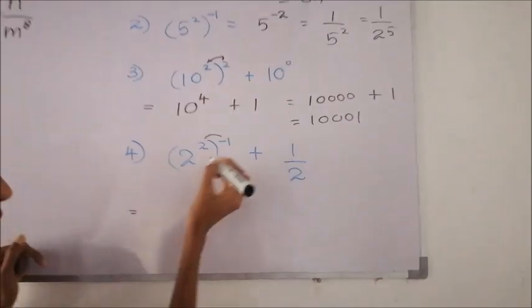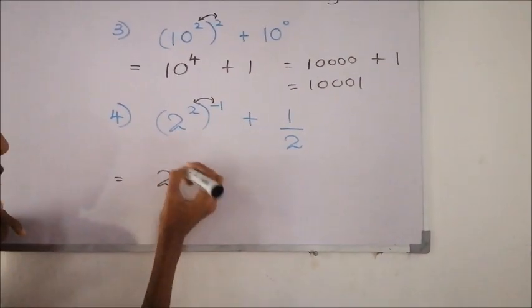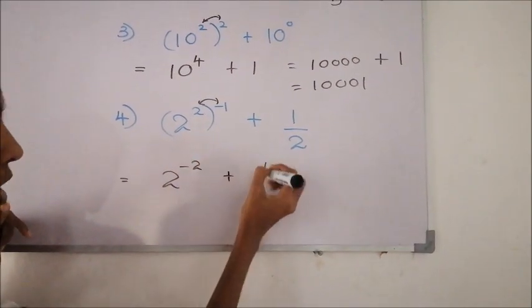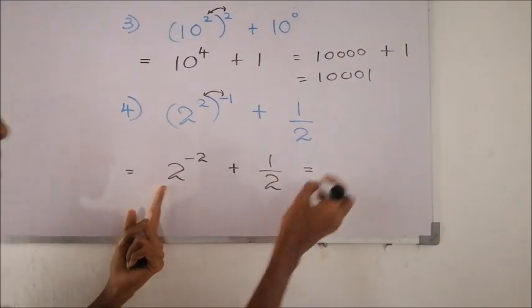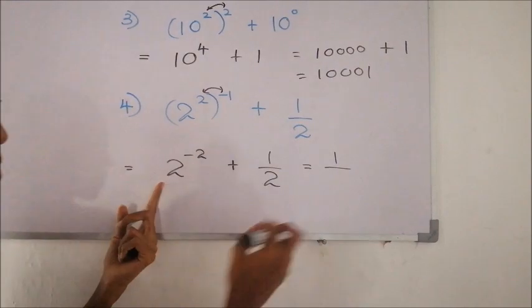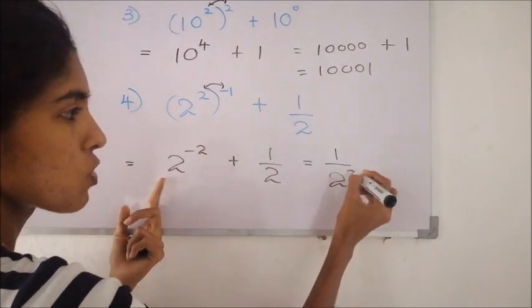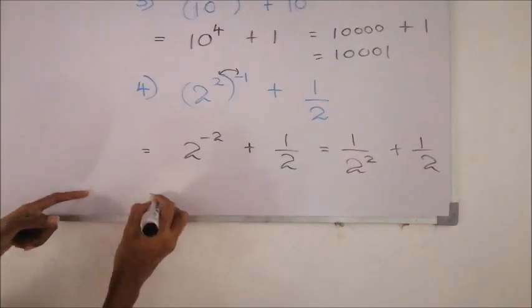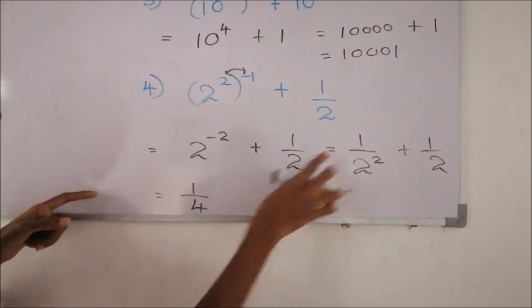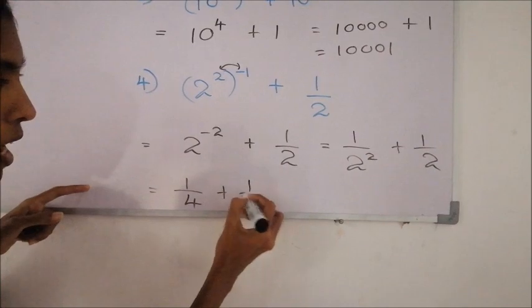Next, after multiplying these two, 2 to the power minus 2 is coming, and from here a fraction is there. Right, now we will make it as positive. Take 1 over reciprocal, that is 2 squared plus half. Now this 2 squared can be written as what? 4. 1 over 4 plus half.